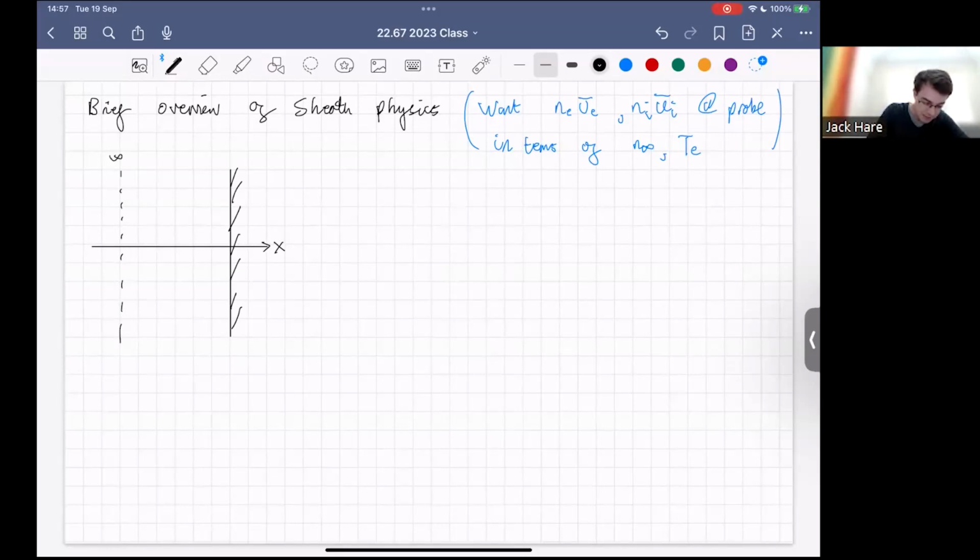There's infinity, which is very far away in the unperturbed plasma. There is a point that I'm going to label S, and there's a point that I'm going to label 0. So 0 is the probe. This region between S and 0 is the sheath. This is the imaginatively named pre-sheath, and this is the plasma.